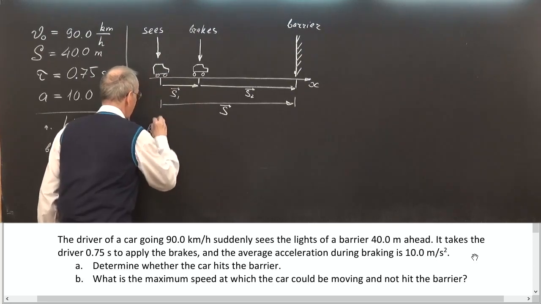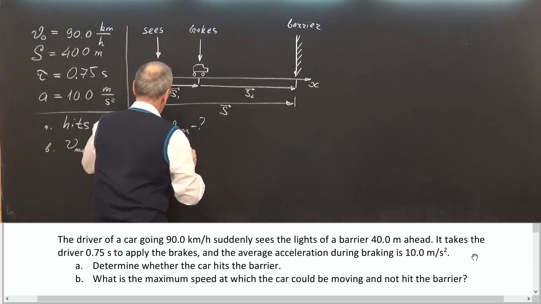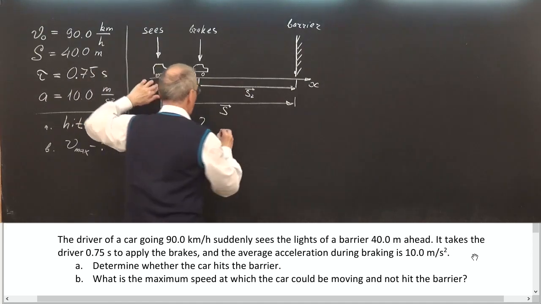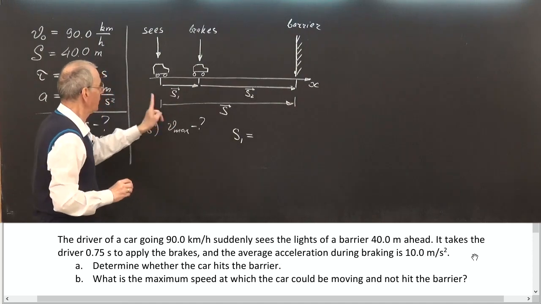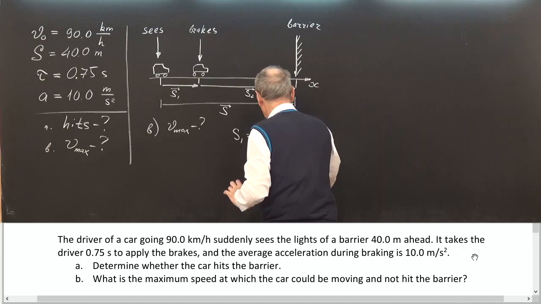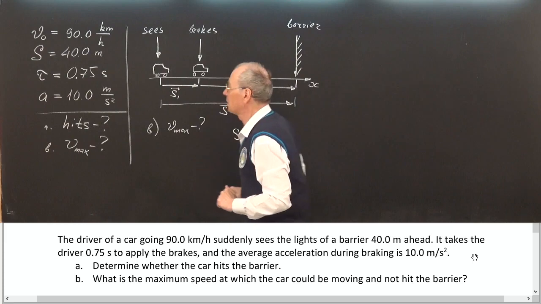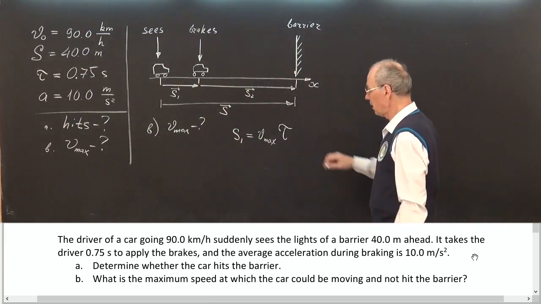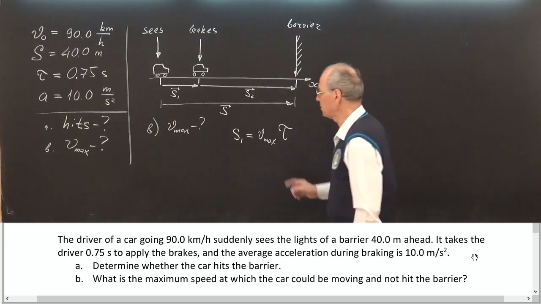B. V maximum. So we can write S1, since the car moves at a speed V maximum during the latency time tau. This product is the distance S1.